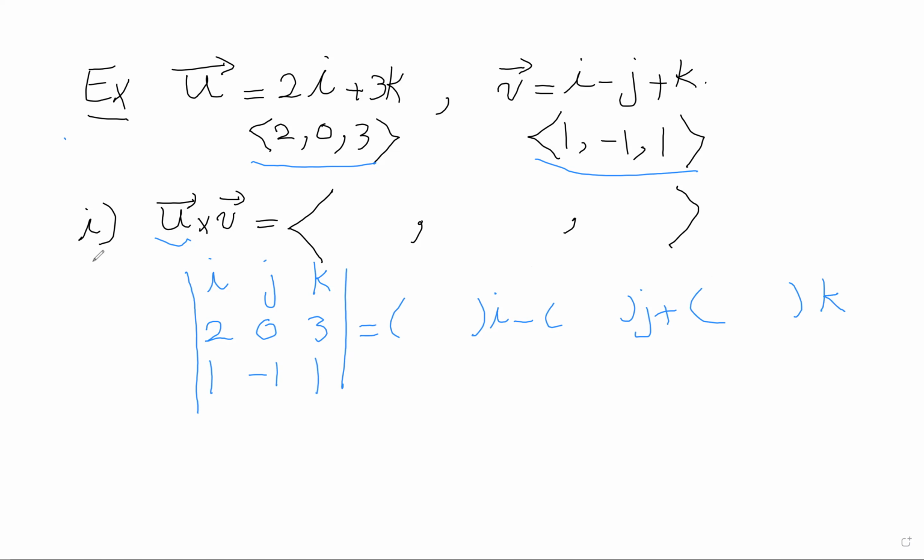For the i, I ignore the row and the column that i is located on and find the determinant of this 2 by 2 matrix, 0 times 1 minus 3 times minus 1, which is 3.